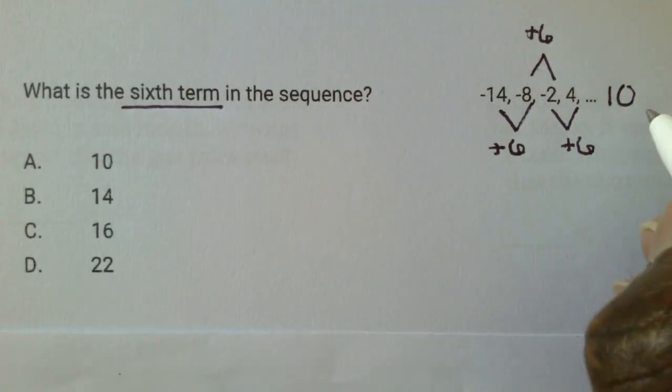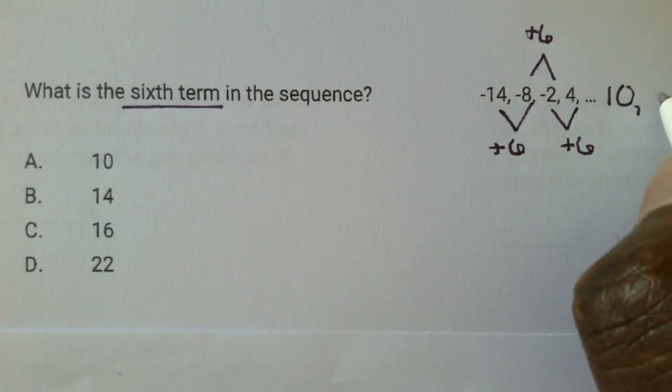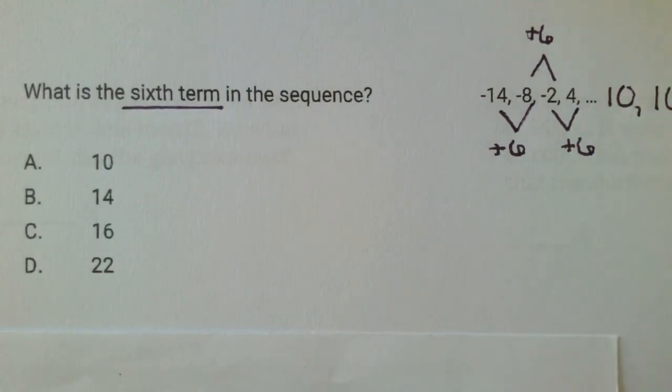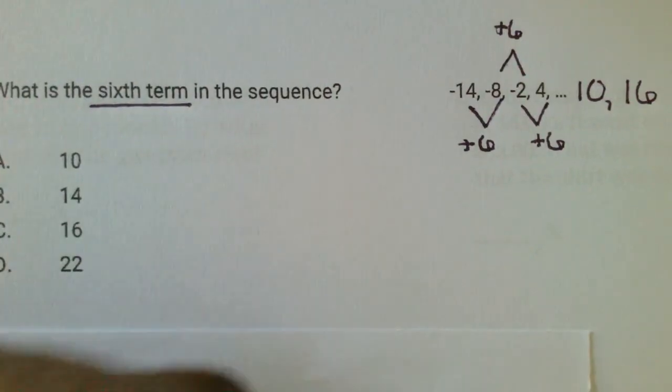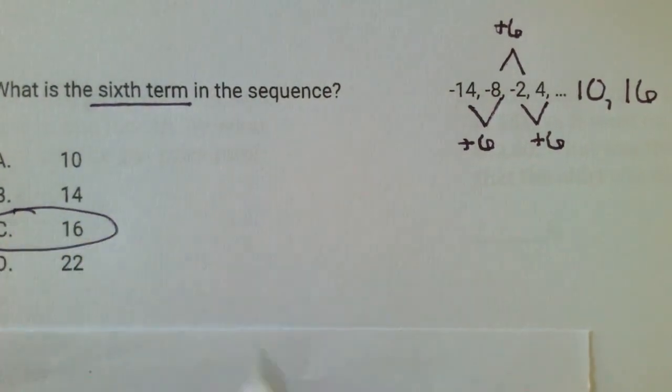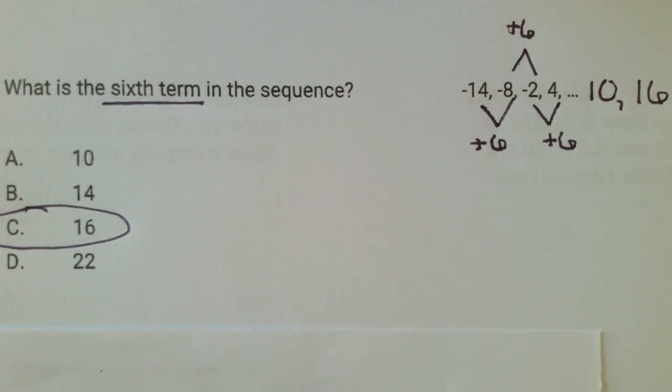So now I need to repeat it once more, plus 6. That will give me my sixth term, 16, which is option C.